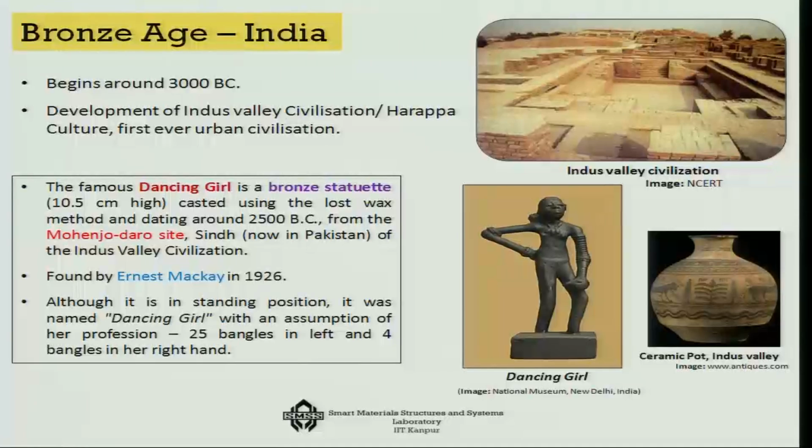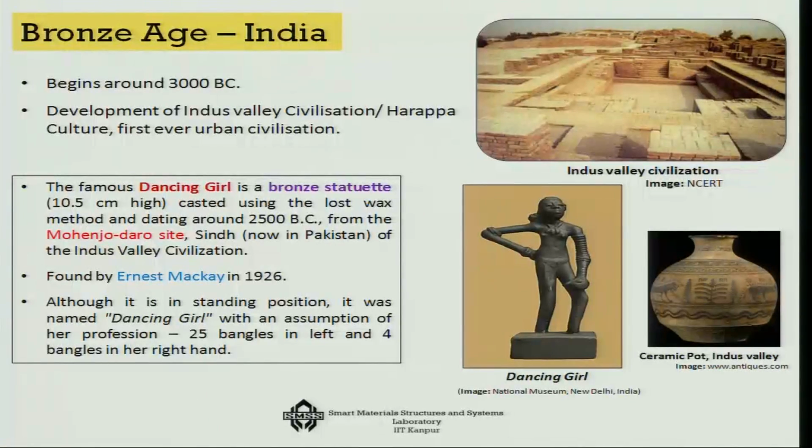This kind of lost wax technique with bronze is used for making not only sculptures or dolls, but also various types of pots or items of ornamentation. It is very heavily used. So, the Bronze Age is widely found in Indian civilization, and particularly in the context of the Indus Valley civilization and Harappa civilization.